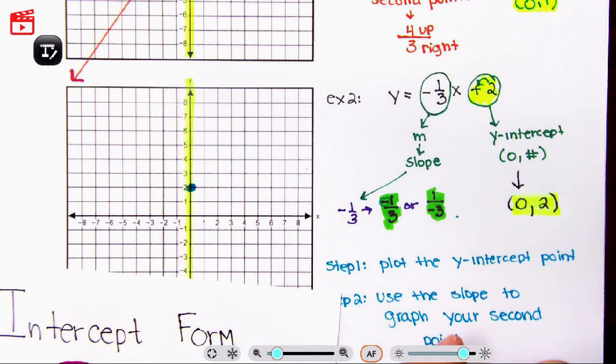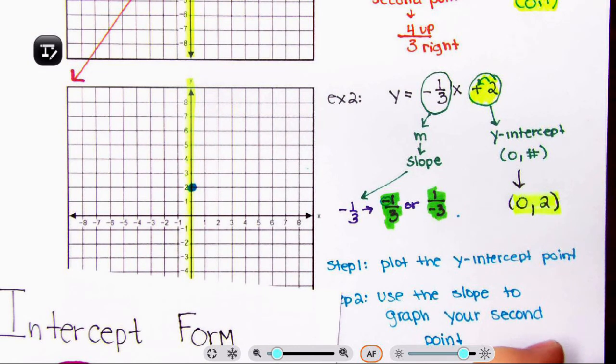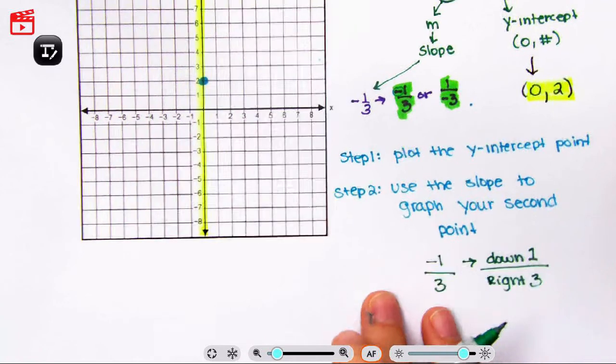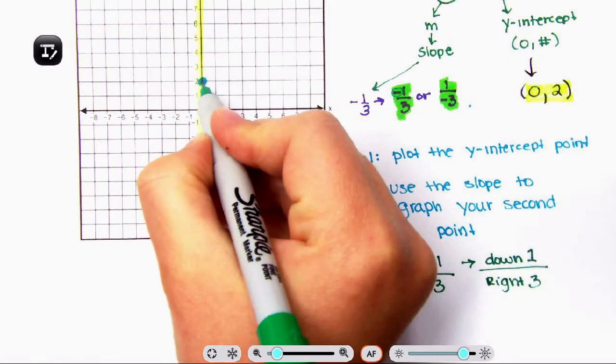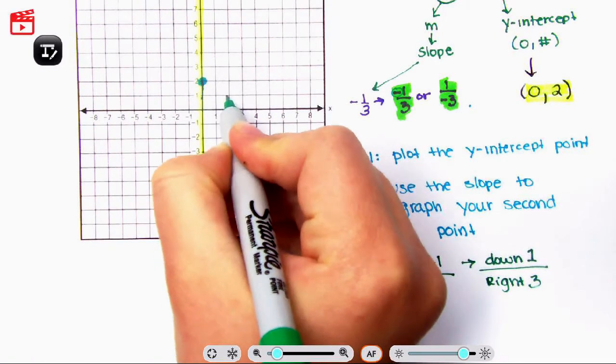So here's negative 1 over 3. So that means I go down 1 and I go to the right 3. So go down 1 because this is minus, down 1 to the right 3. So I'm going down 1 to the right, 1, 2, 3 jumps.